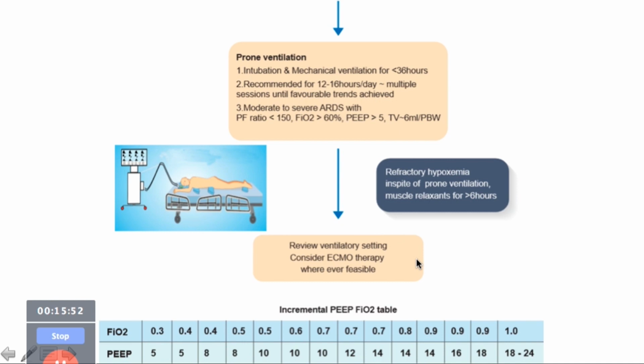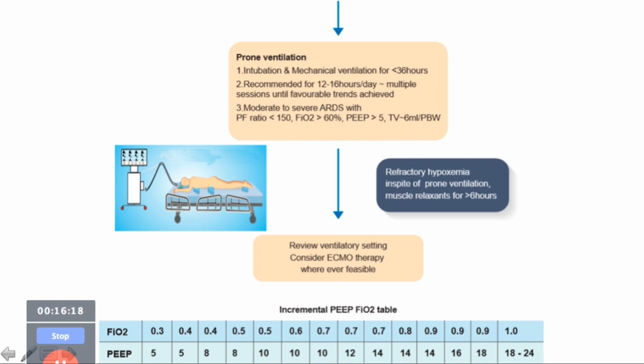So this is the algorithm that we have given to all the district hospitals, and the easiest for you I would suggest is to just follow this PEEP table. So if you have a patient who is going to FiO2 of 60%, minimum PEEP you would expect is 10. You can discuss with experts and see if you can go beyond 10, because this is a low PEEP table that we have provided you. There is something called high PEEP table, which experts will help you.